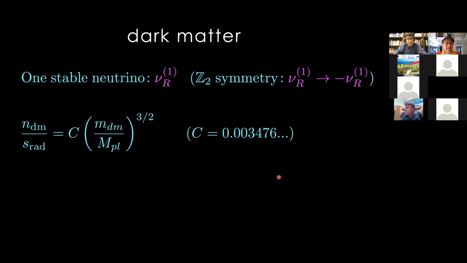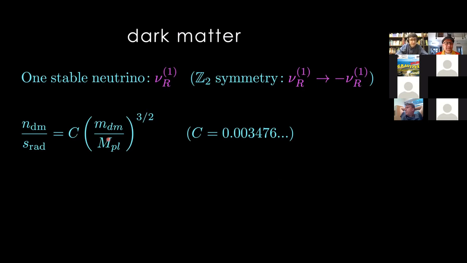Well, then, using the formula on the previous slide, where I was describing the Hawking radiation process, we can ask, what is the number density of such particles that a late time observer like us sees radiated from the bang? You can calculate the ratio of the number density of those dark matter particles to the radiation density, and it's given by some dimensionless coefficient c, which can be calculated in terms of 2's and pi's, times the ratio of the dark matter mass to the Planck mass to the 3/2.